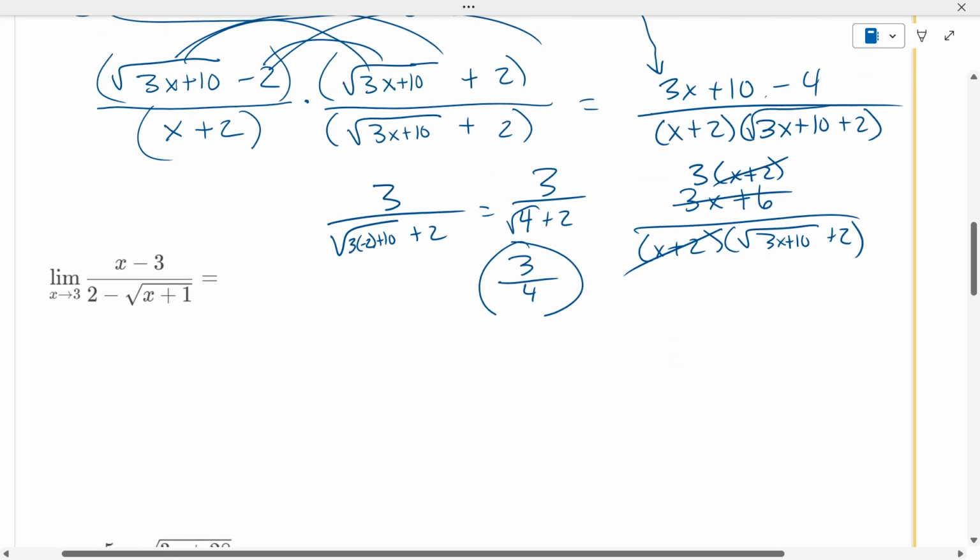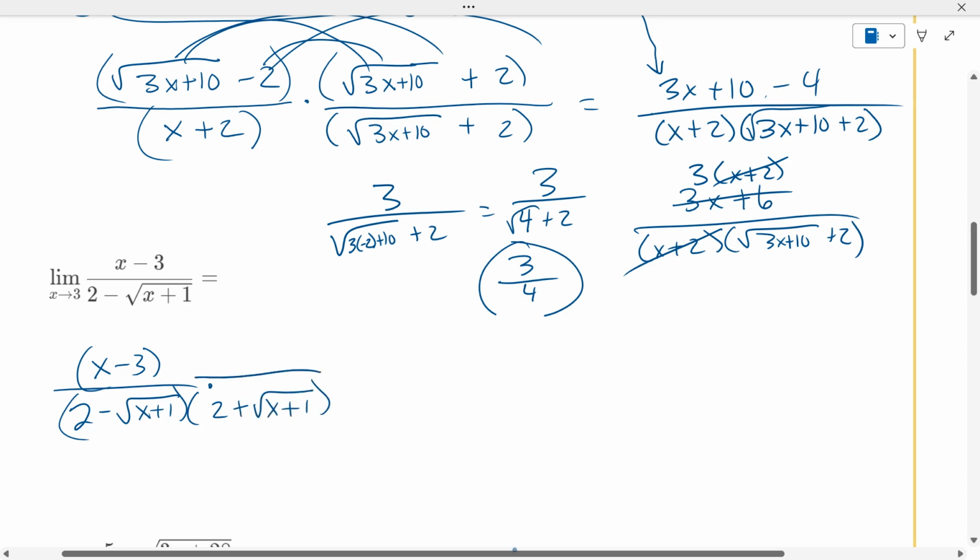So this time we have to rationalize the denominator. So x minus 3 over 2 minus the square root of x plus 1. And then 2 plus the square root of x plus 1. So leave the numerator separated. You don't have to try to multiply through by your square root in these problems because they made them so they will cancel for you.